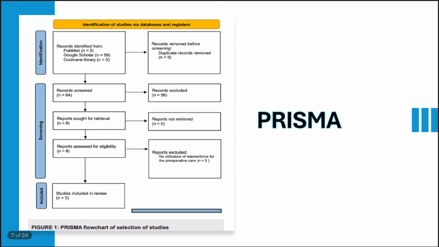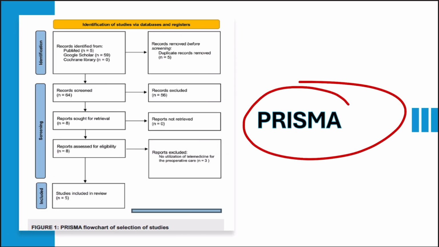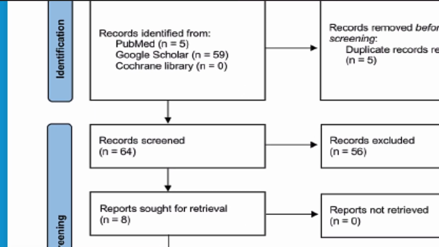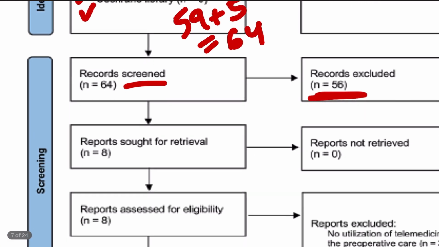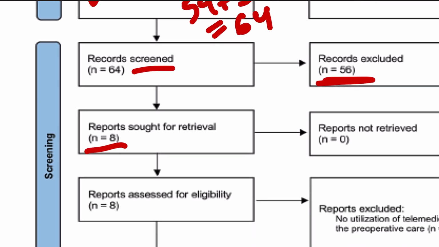Now let's discuss the PRISMA for this particular systematic review. As you can see, initially the number of records found was 5 from PubMed, 59 from Google Scholar, and 0 from Cochrane Library. So 59 plus 5 equals 64 articles. These 64 records were screened, and 56 were excluded, and then 8 reports were sought for retrieval, and the number of reports not retrieved was 0.